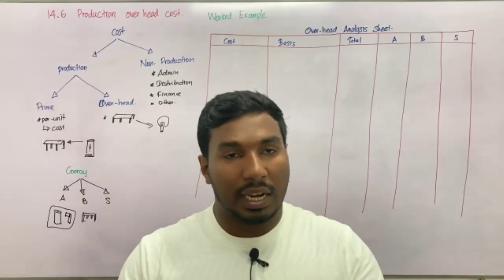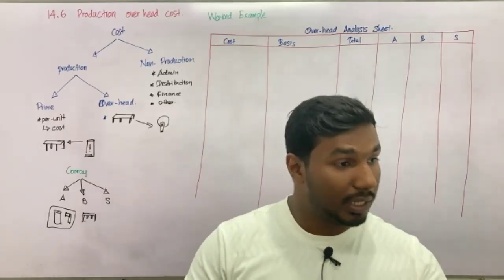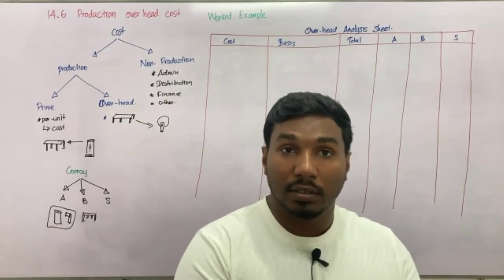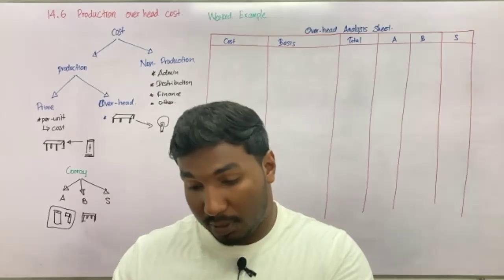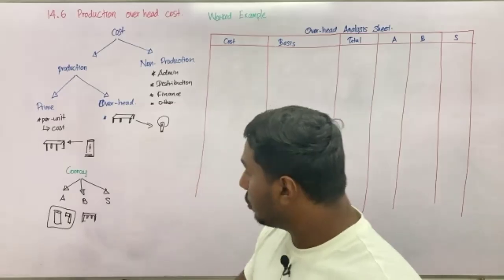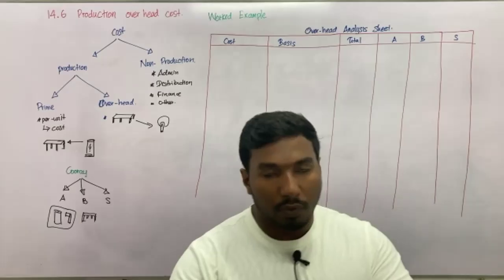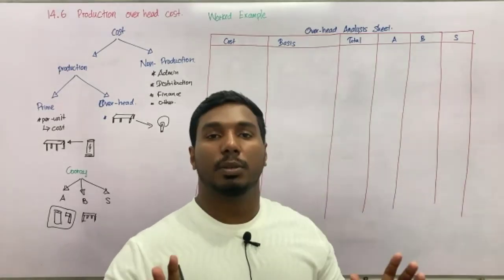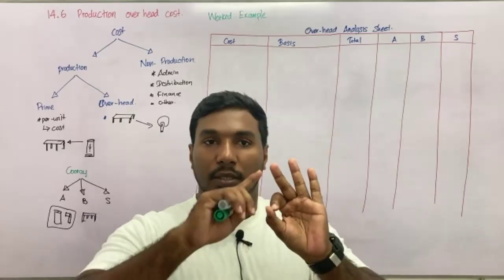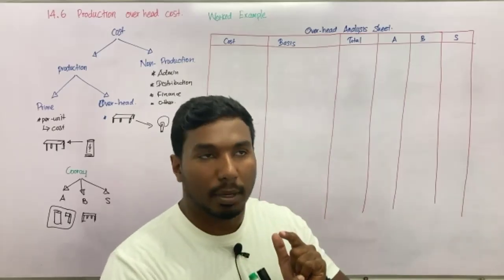Those salaries and maintenance costs are categorized under the service departments: the factory canteen, the factory meals, the supervisor, the security. Those people are the service department staff. Very simple. So this Kure production company has three departments: production department A, production department B, and service department S.